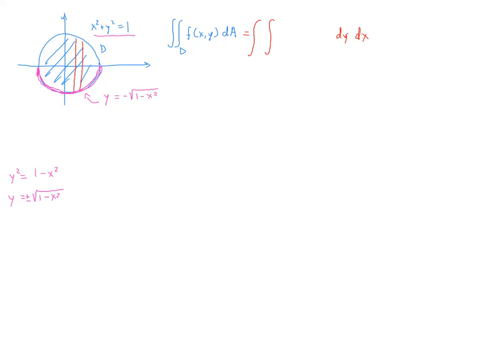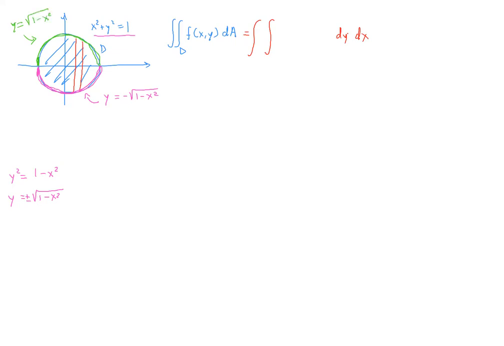And if you were to take the upper part of the boundary, then you would find simply the square root without any sign.